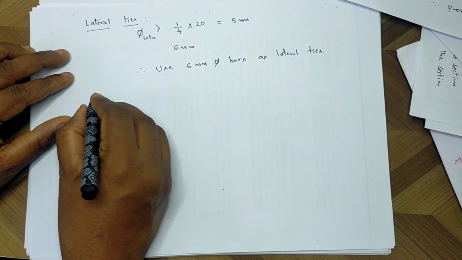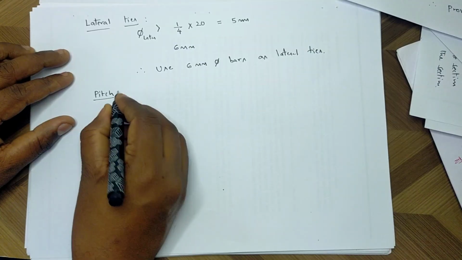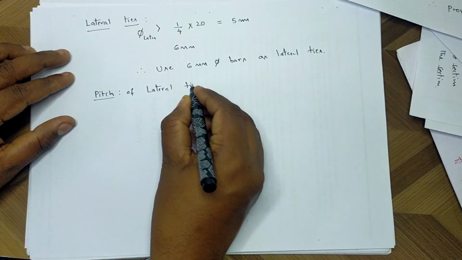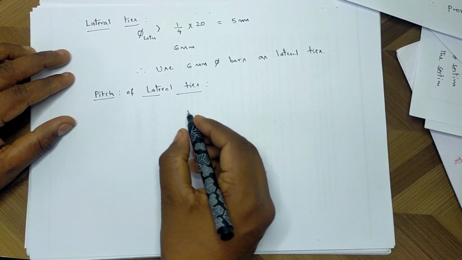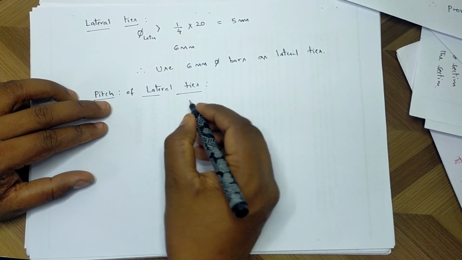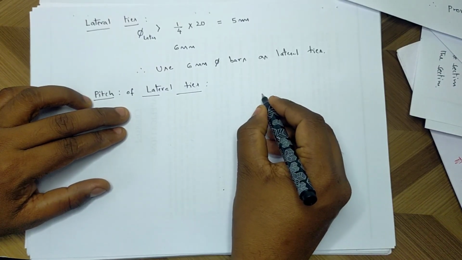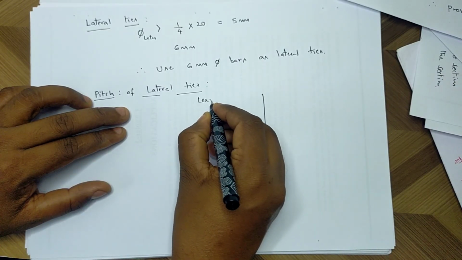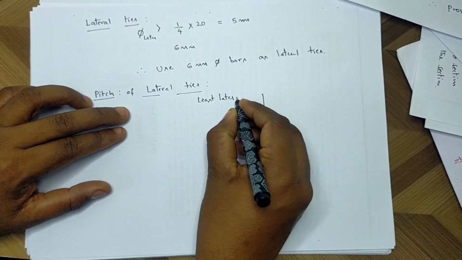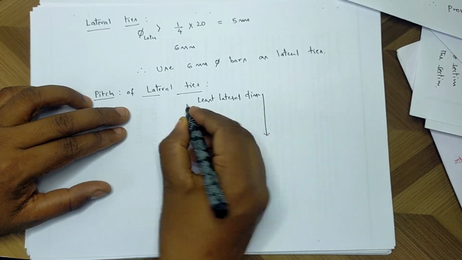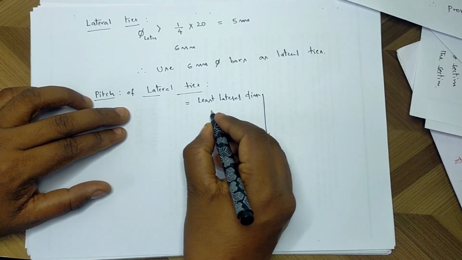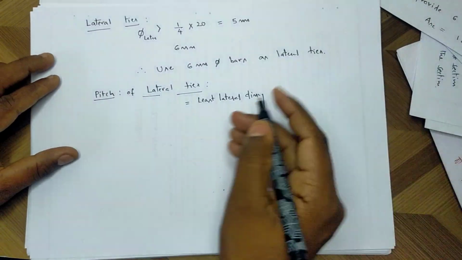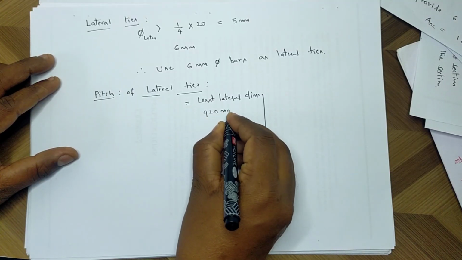Coming to the pitch of lateral ties. The pitch should be the minimum of, case A, the least lateral dimension. Here we are using 420 by 420, so the least lateral dimension is 420 mm.